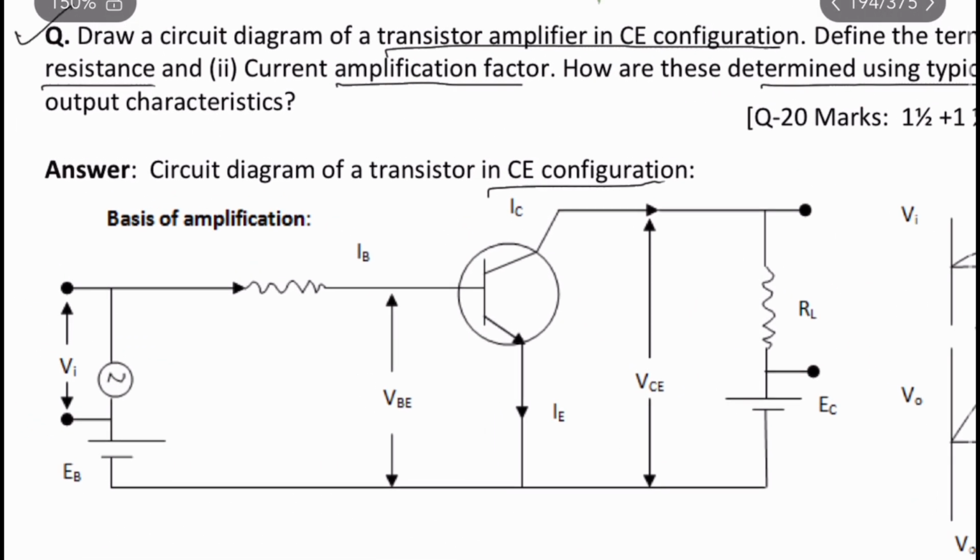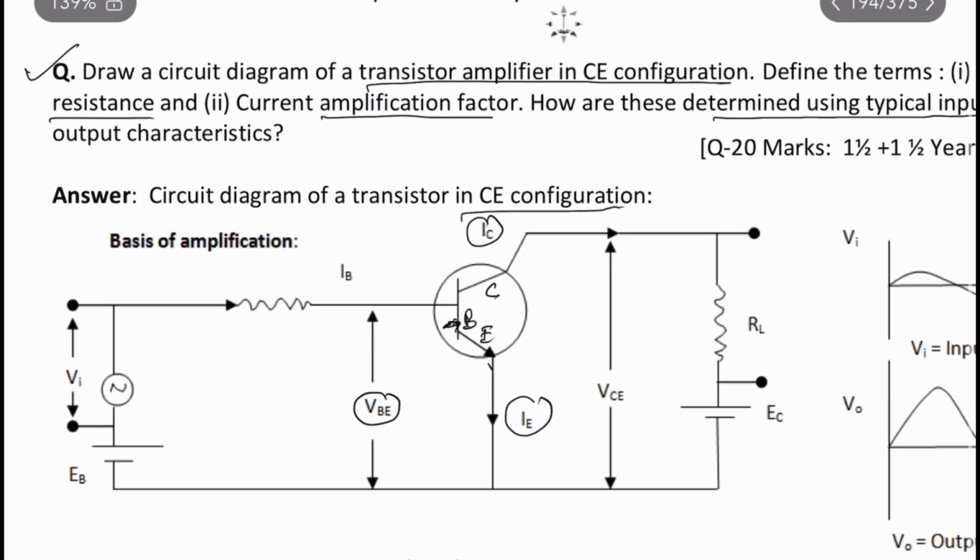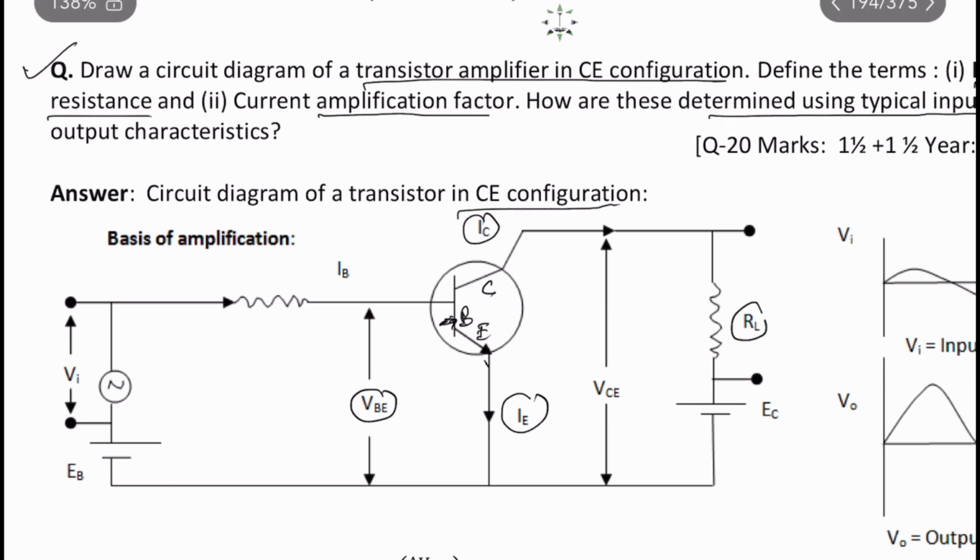This is the collector current, this is the emitter current, this is the voltage applied between the base and the emitter. This is base, this is emitter, base, emitter, collector, correct? So it is common emitter. So the emitter is common, correct? And this is the load across which we take the output.